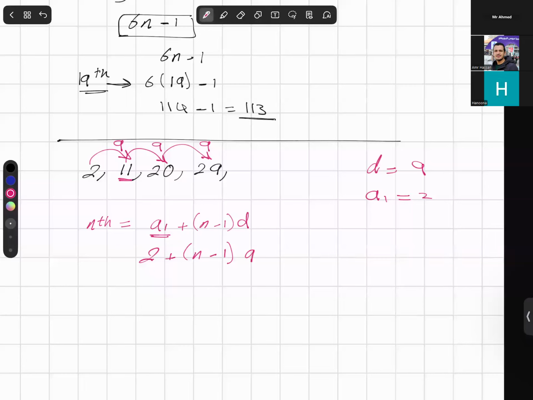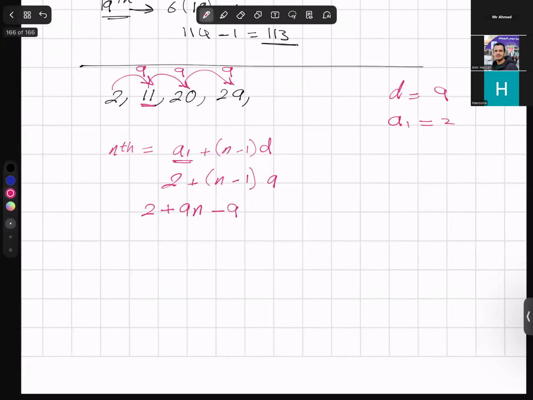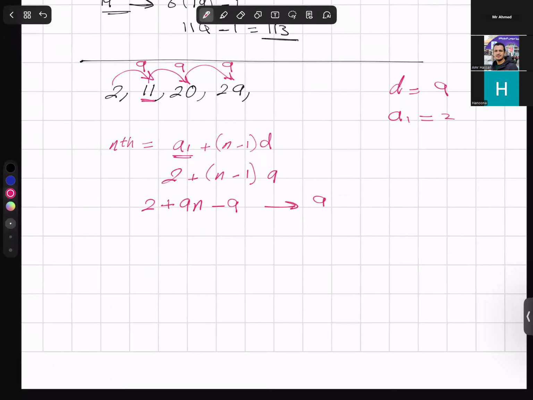Okay, and then we do 9 times n, which is 9n, and 9 times 1, which is 9. Then 2 minus 9, which is minus 7. The final answer is 9n minus 7.